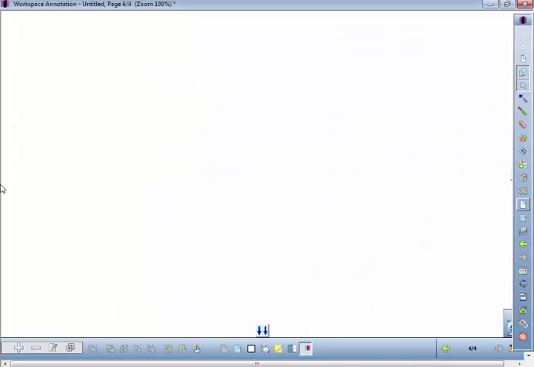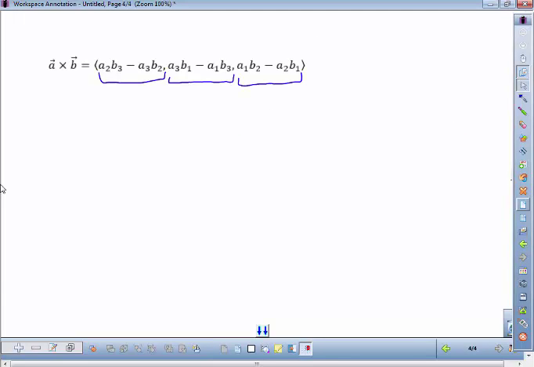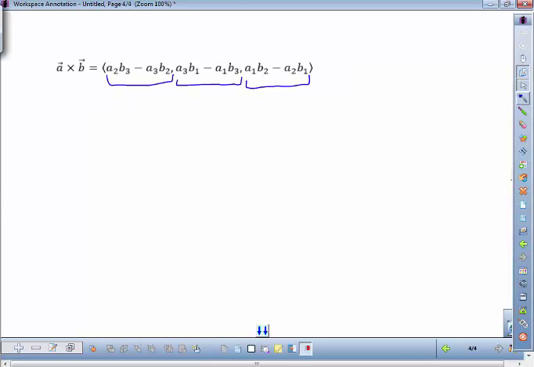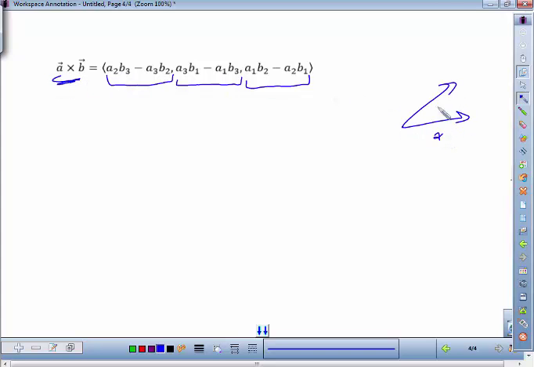I encourage you to use the example that we did, 7, negative 4, 6, or whatever it was, and test it with this. What I wanted to show you is that the cross product of A and B is a vector, but there's something special about it: it's a vector that's perpendicular to both A and B.